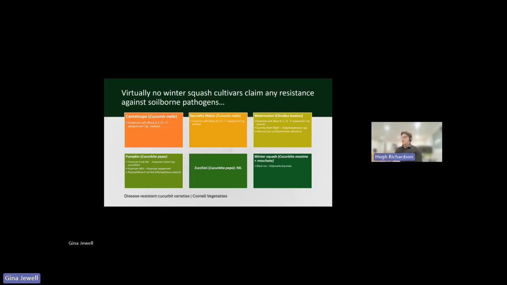Now, as an aside, I think it's quite interesting that you've got buttercup squash, which is Cucurbita maxima, and there are no squash cultivars on the market that claim resistance against soil-borne pathogens. There are some that do black rot, Didymella, but as far as the big ones, Fusarium oxysporum, there are no claims there.